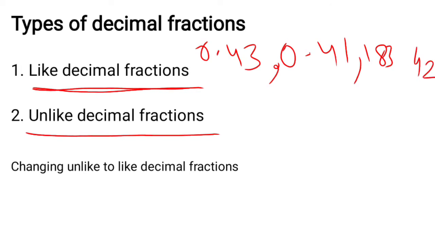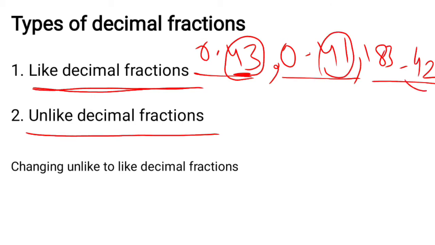So these are examples of like fractions. How can we say? Because in like decimals we have equal numbers of decimal places. There are 2 digit decimal places here, and there are also 2 here. So these are like fractions.